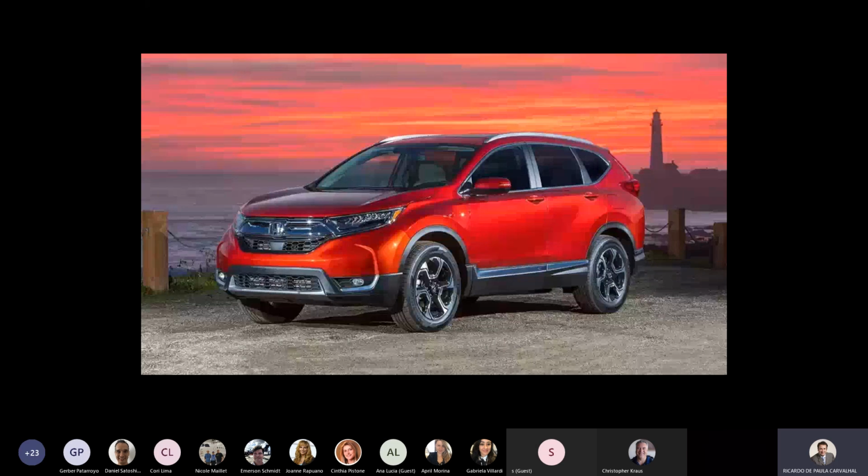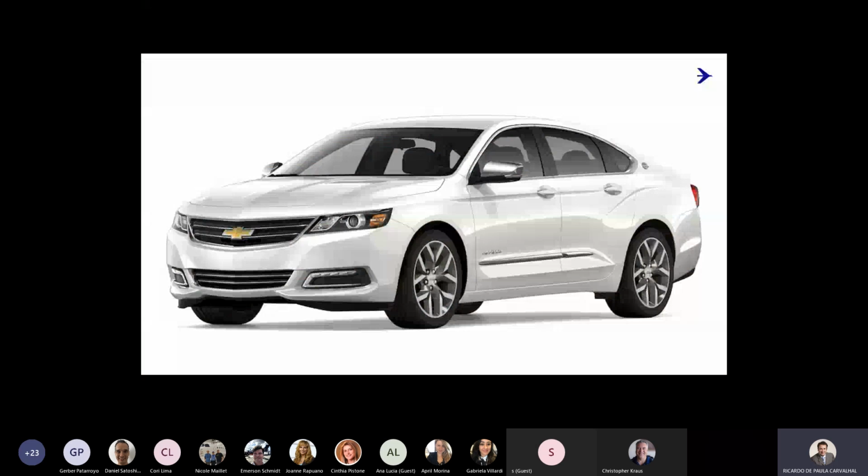Why does this exist? Because there are different categories of customers who have different needs. You can see in this next picture the sedan, a car with wheels and engines, but a different shape, a different size. Those cars are serving different customers and different segments.